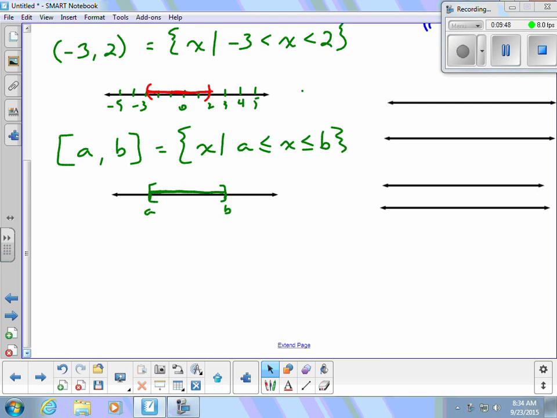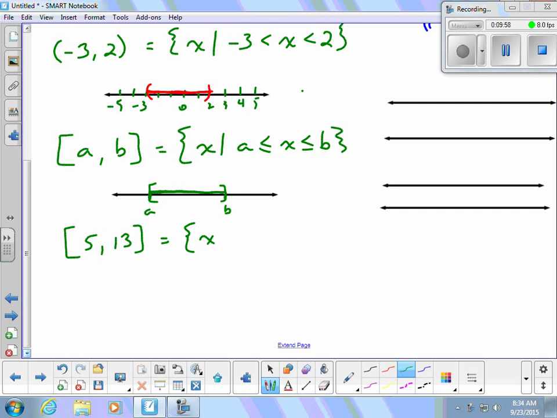So if I do an example like this interval [5, 13], that's the same thing as writing x such that 5 is less than or equal to x, which is less than or equal to 13. It's all of the values, every single value between 5 and 13, including 5 and 13.